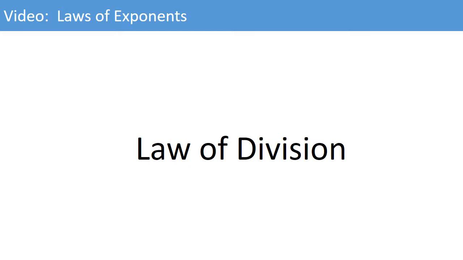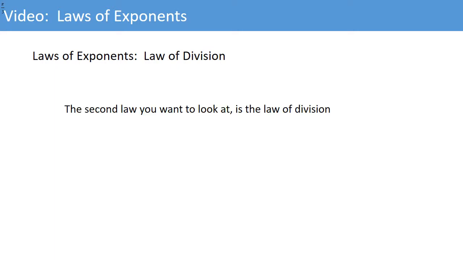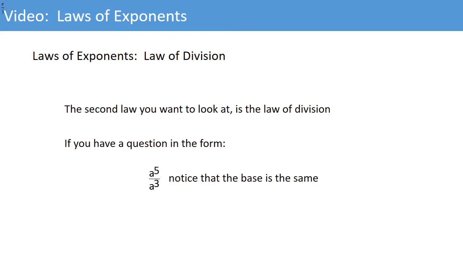The second is the law of division. The next law you want to look at is the law of division. If you have a question in the form a to the exponent 5 divided by a to the exponent 3, notice that the base is the same.